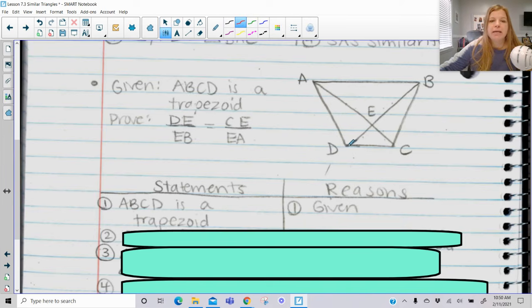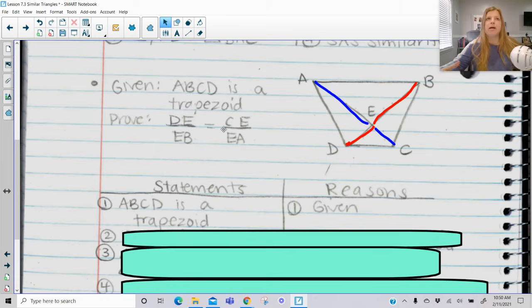So we are trying to prove that DE over EB is proportional to CE over EA. Okay, so we're trying to prove that these are proportional to each other. So this is interesting. Now think about what comes to mind.